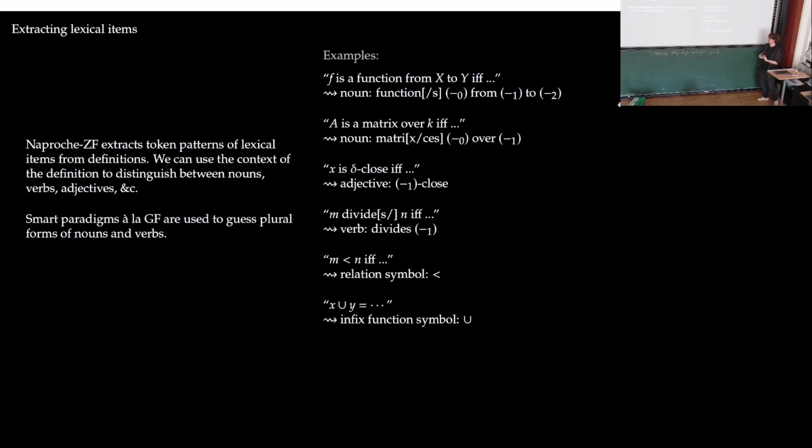And as you saw in GF with these smart paradigms for guessing plurals from just a singular form, I'm doing something similar, for example, to guess that the plural of "function from x to y" is "functions from x to y", right? And this bracket slash thing indicates the singular and plural forms.